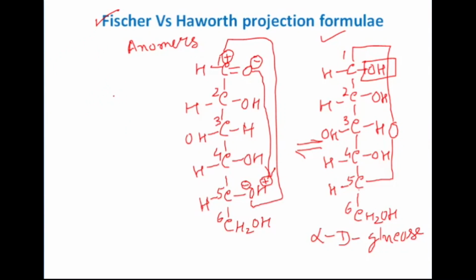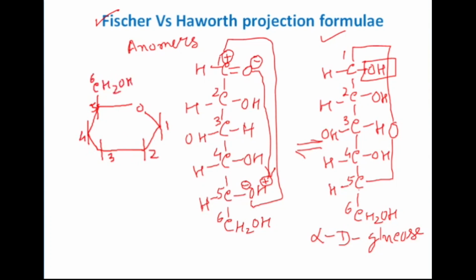Let's draw this structure. This structure is easy to draw. So here is the hexagonal ring. This is the oxygen, and all these corners represent one carbon atom. These are the bonds. This is the first carbon, second, third, fourth, fifth carbon, and the sixth carbon is here, CH2OH.